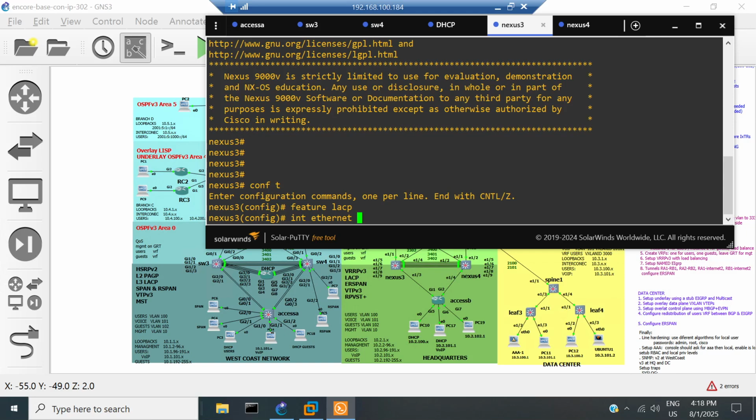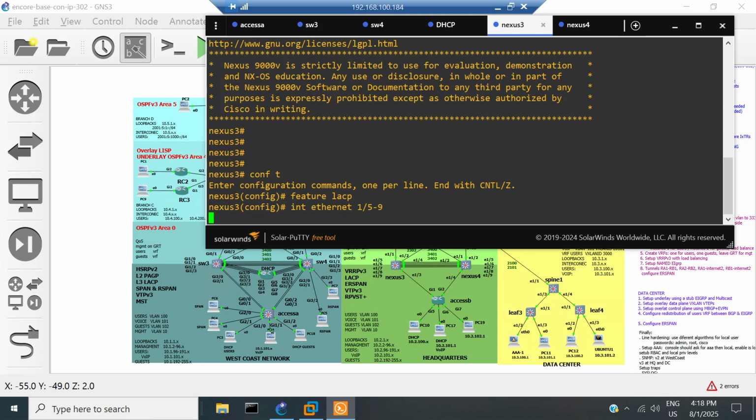Ether channel, so I'm going to go for the channel group configuration first, and I will let the operating system create the port channel for me. So from 1.5 to 9. How do I know these are the interfaces? Because I am looking at these interfaces here in the diagram.